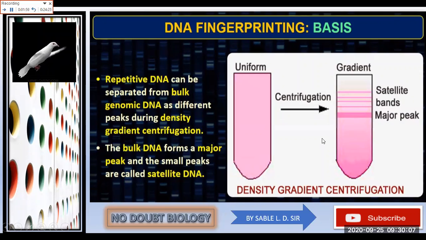The bulk DNA forms a major peak, and the small peaks are called satellite DNA.